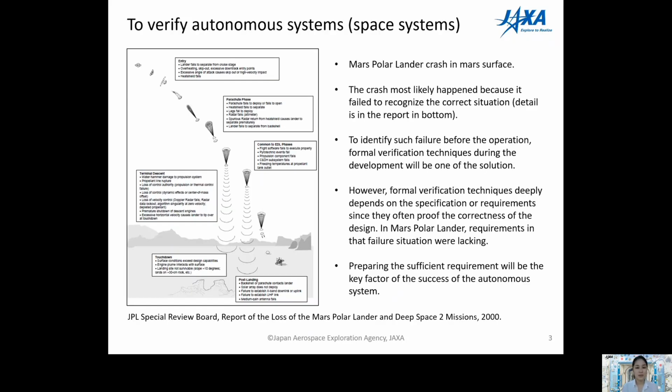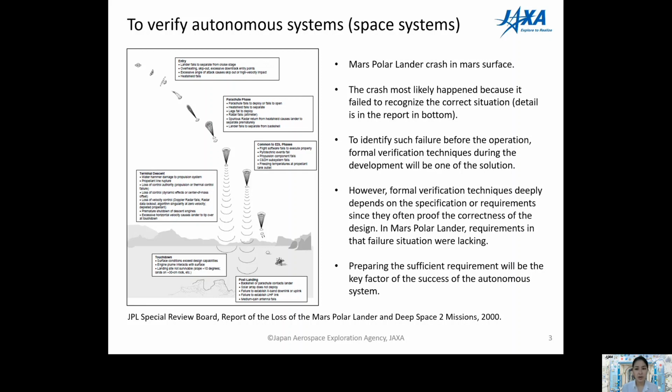So first of all, we think the space system is sort of autonomous system. And our strong motivation is we want to prevent the mishap or failure which happen in those kind of system. As an example, I'd like to share about the Mars Polar Lander crash.